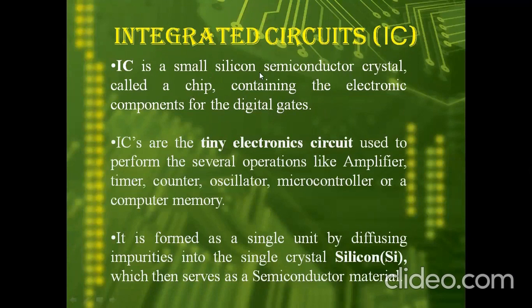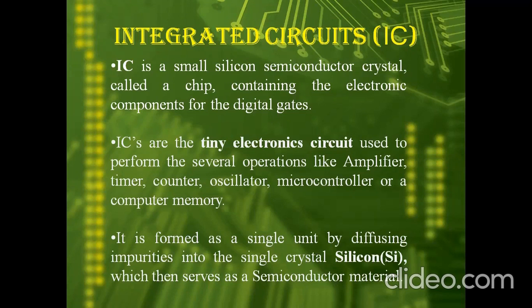Here we will see semiconductors. I hope all of you know the types of materials. We have conductors, insulators, and semiconductors. The characteristic of semiconductors is that at 0 volts, a semiconductor acts like an insulator.